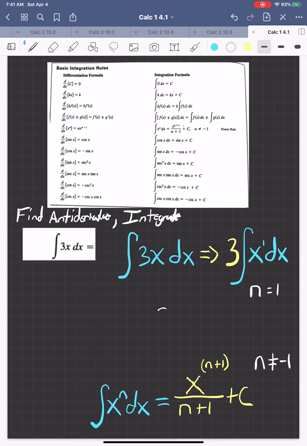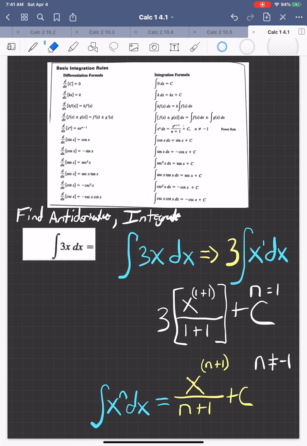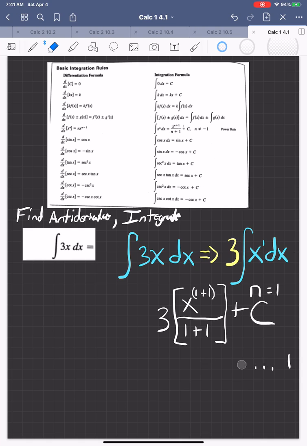So this is going to be 3 times, don't forget your 3, x to the power of 1 plus 1 over 1 plus 1 plus c. All right, so I can erase this now that I have the formula saved to a screenshot. And now let's just clean this up.